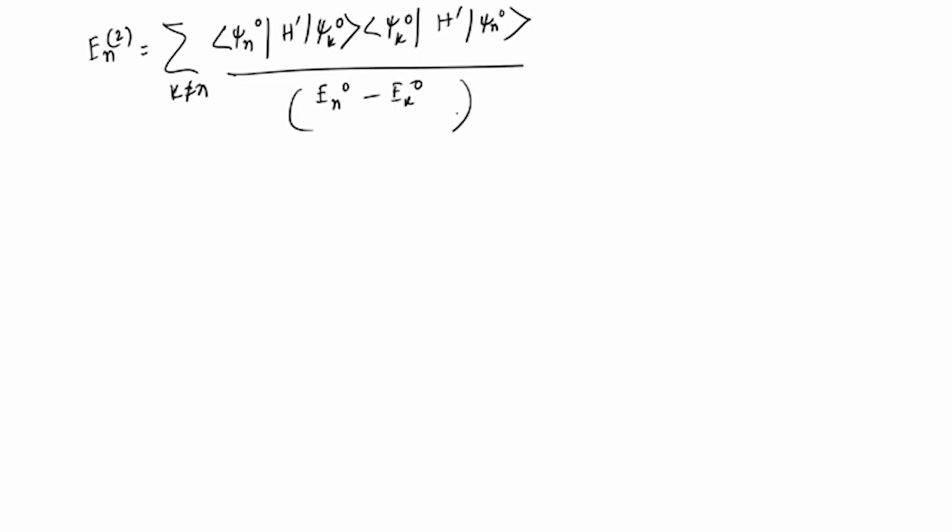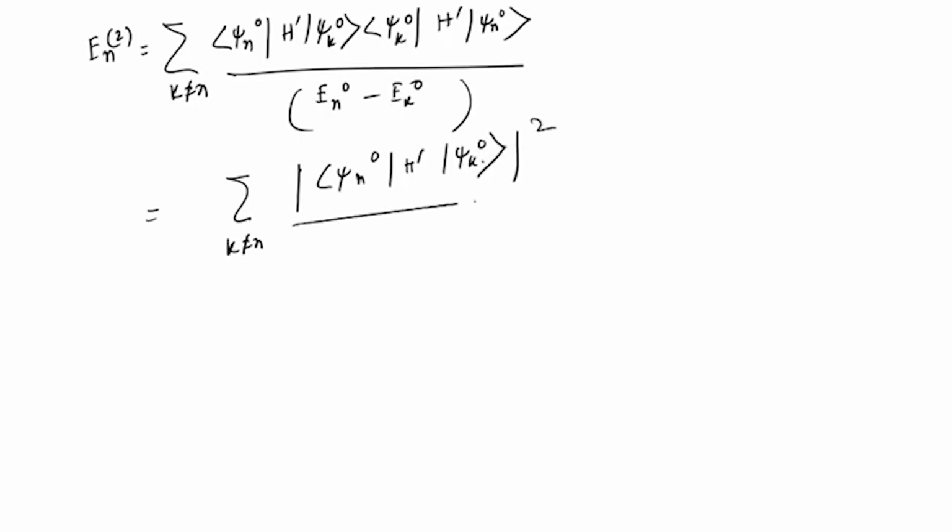That is equal to the sum over k not equal to n of the mod square of ψ_n^0 H′ ψ_k^0, divided by an energy denominator which does not diverge. Okay. So this is the second order energy correction and so on.